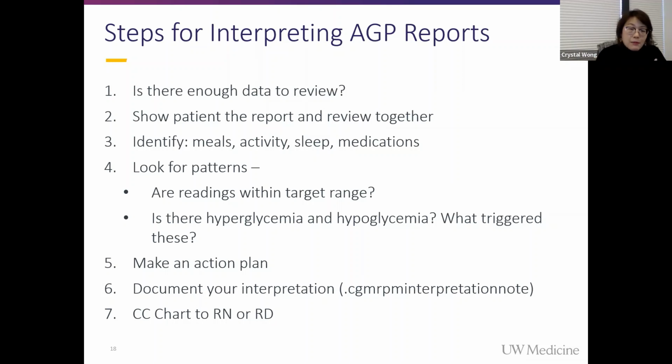So she's going to implement some different meal planning based on that. Even patients I would say are doing great may have personal goals they identify based on information from the reports. And then we have this handy dandy dot phrase right here, CGM RPM interpretation note. It just rolls off the tongue.